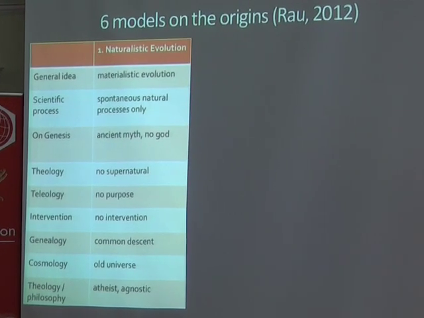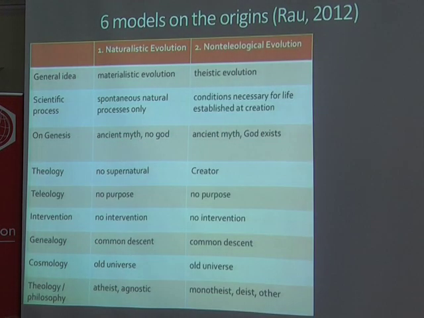So of course Genesis is an ancient myth, there is no God, no supernatural, no purpose, no intervention, and no problem with common descent or an old universe. That would probably be the position of atheists or agnostics. Then number two, non-teleological evolution.